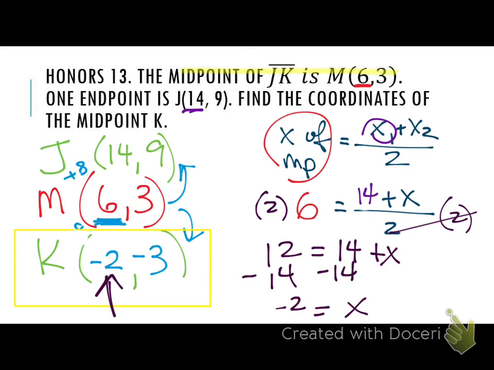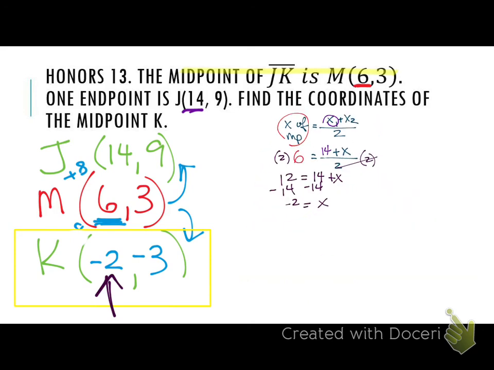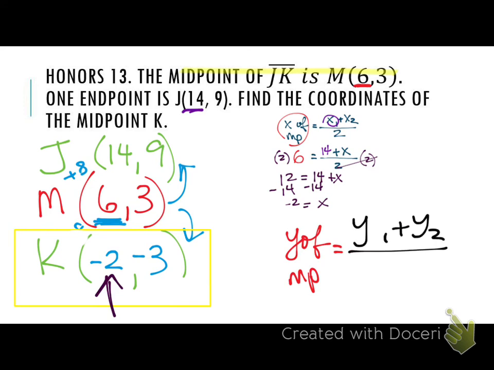We're going to practice it with the Y. So how did we find the Y of the midpoint? Same thing, but we did Y's added together, divide by 2. What is the Y of the midpoint? 3, and it equals the Y of the endpoint, 9 plus Y, divide by 2, and then you'd multiply from there.